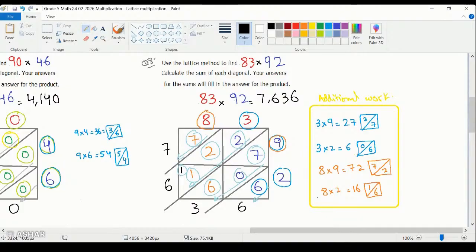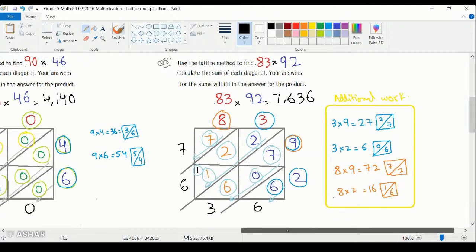Rebecca and Semi, do we agree on this? Fortuna. 7,636 is the final answer. Okay, let's see if you multiply 99 by 98, still a lesser number. Okay. Let's look at another example.